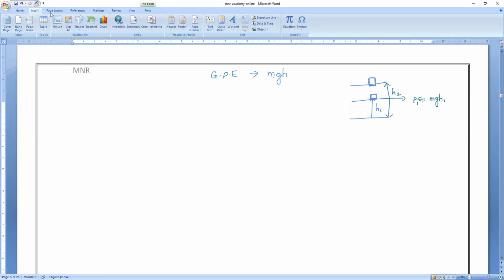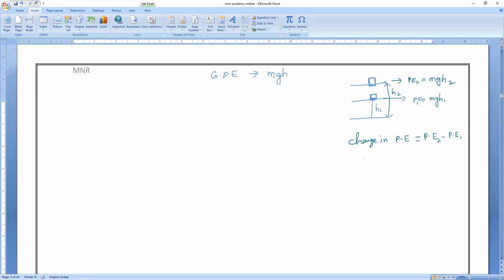And at this point, potential energy P2 is equal to mg into h2. So if a body is moving from one height to another height, then the change in potential energy is equal to final potential energy minus initial potential energy.